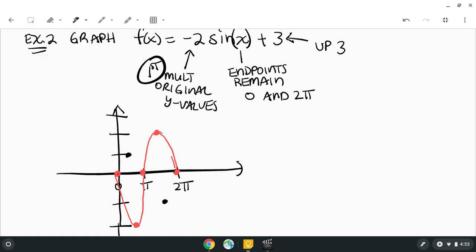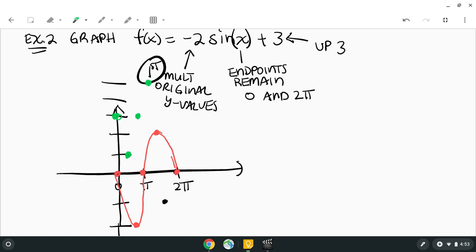So I'll do the final graph in green. All right, so shifting these all up 3. 1, 2, 3. So let's get the green back. Final graph shifts it up 3.